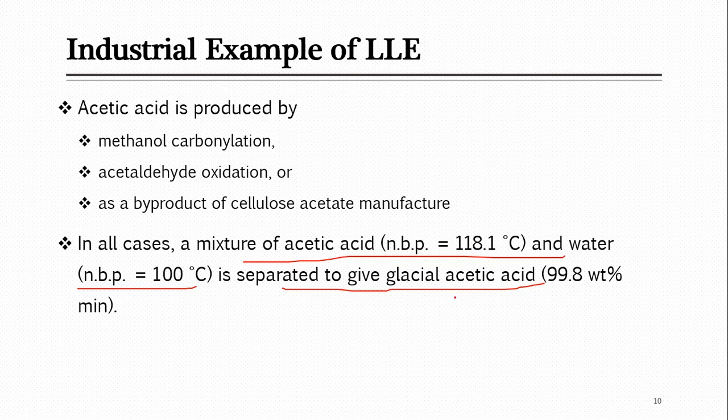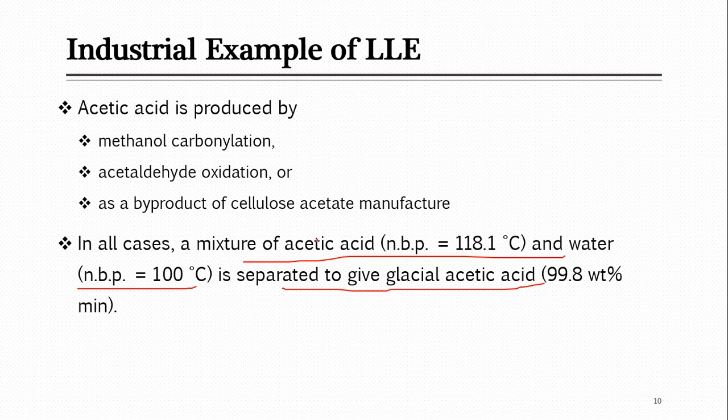Glacial acetic acid is acetic acid which is 99.8% minimum. What does that mean? It will only contain 0.2% impurities, but 99.8% will be acetic acid, that is called glacial acetic acid.